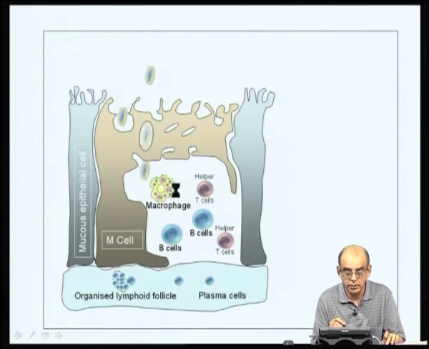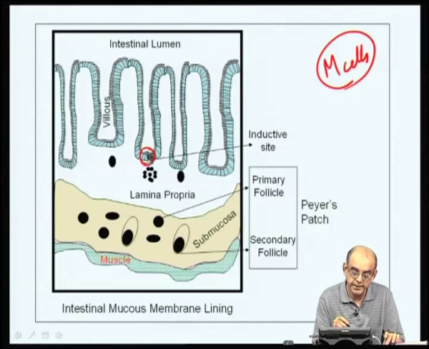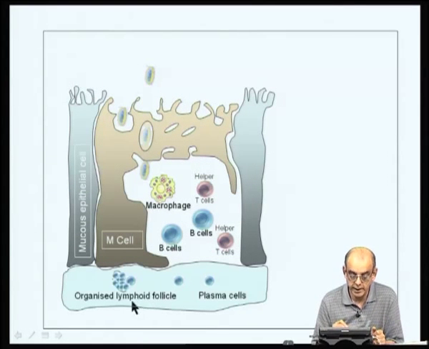Now, as I told you in the previous transparency, beneath this particular inductive site, you have a conglomeration of different cells like the B lymphocytes. If you look at that organized lymphoid follicle, these B cells are coming over here and getting activated. They activate more T cells in this area, and more macrophages are found here, like the follicular dendritic cells.